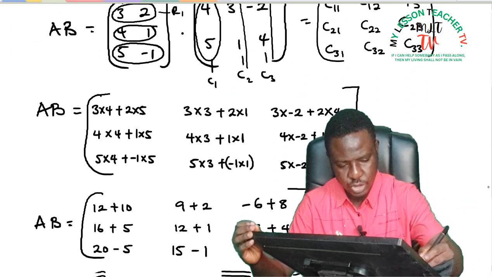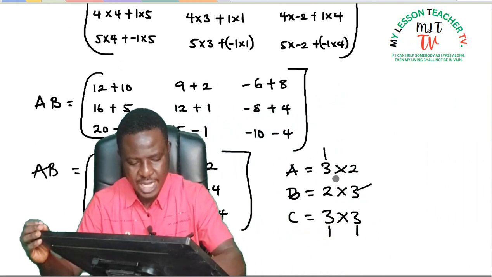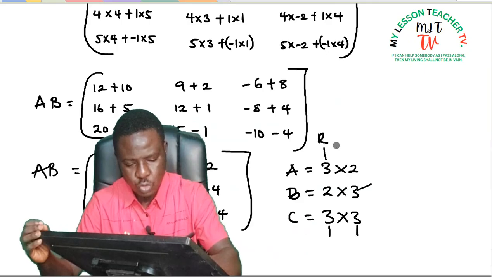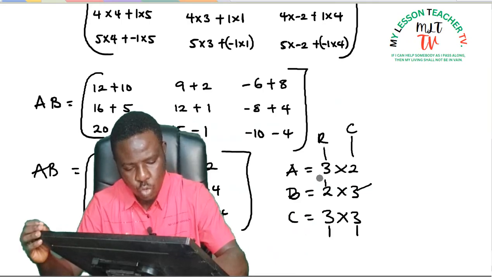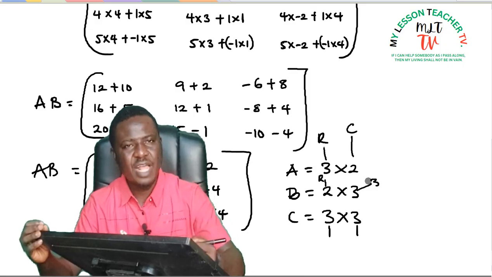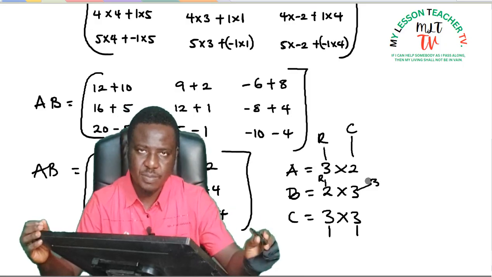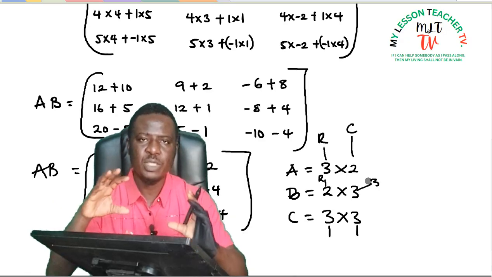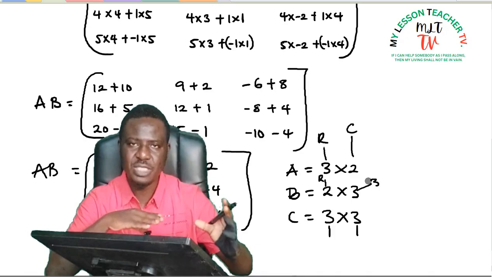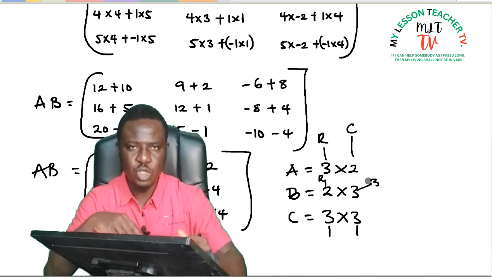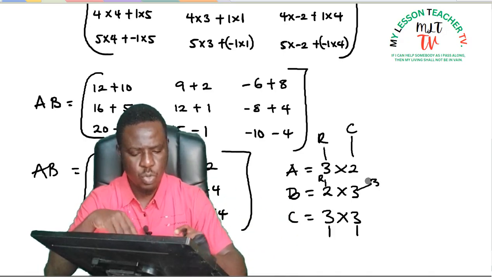If you look at the one we just solved, matrix A is a 3 by 2 matrix, that means it has 3 rows and 2 columns, while matrix B has 2 rows and 3 columns. And it gave rise to a 3 by 3 square matrix. Also note that when you multiply two matrices together, you may arrive at a square matrix, just like we just did in this example.